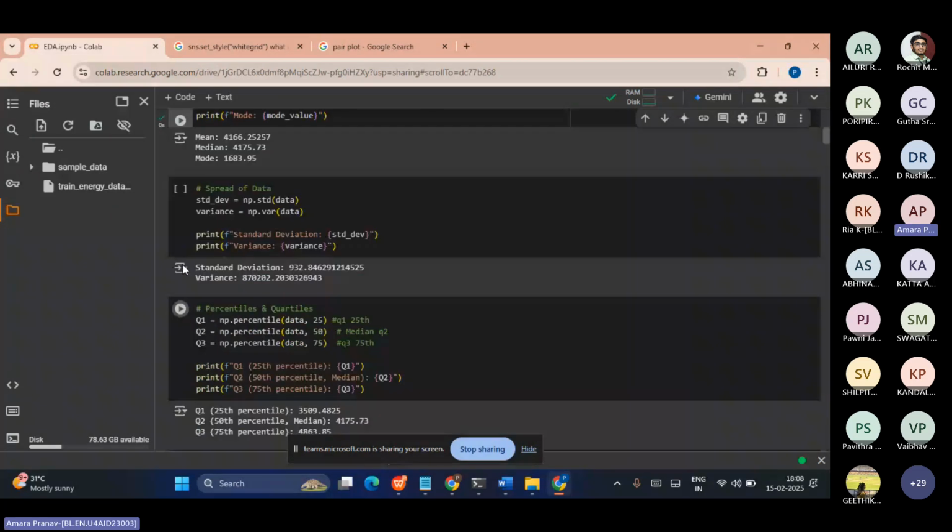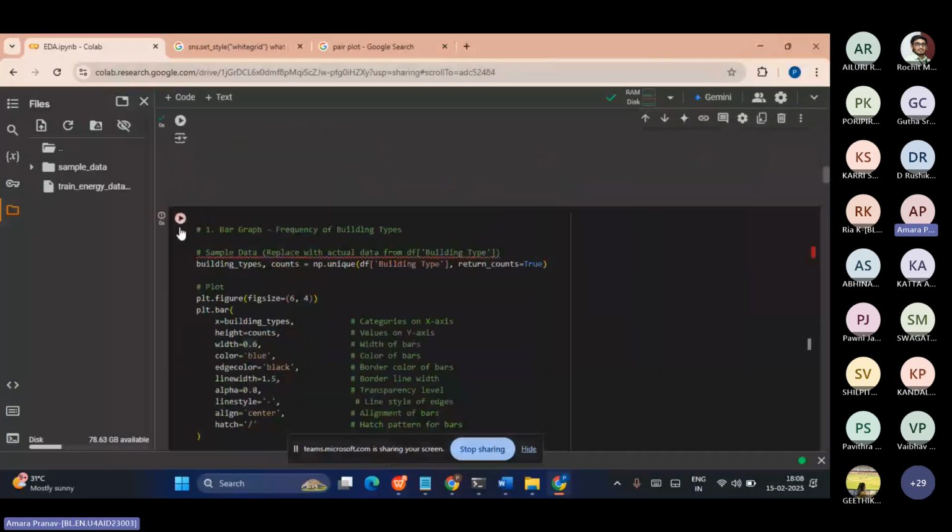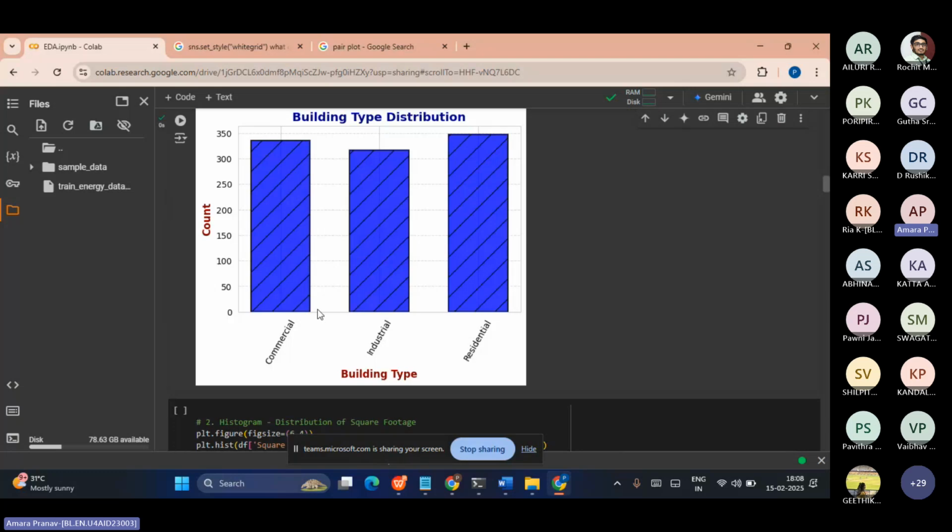See, can you see the orientation has increased?